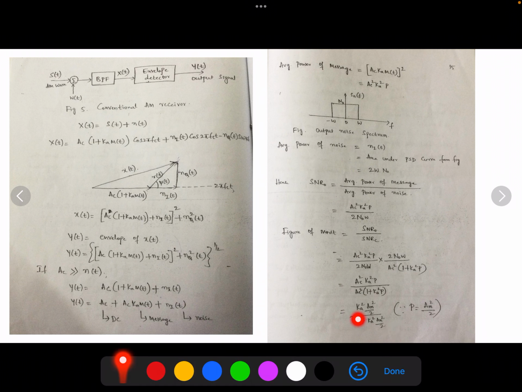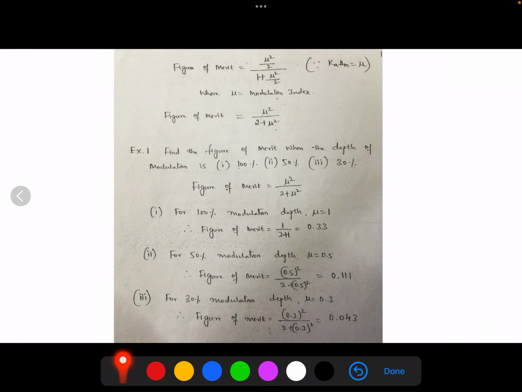We know that Am square by 2 is nothing but P. So it is Ka square P divided by 1 plus Ka square P. If you take it like that, that is also fine, or else you can replace Ka with mu by Am. That will give you the figure of merit equal to mu square by 2 divided by 1 plus mu square by 2. If you make certain modifications, you will get the figure of merit equal to mu square divided by 2 plus mu square.